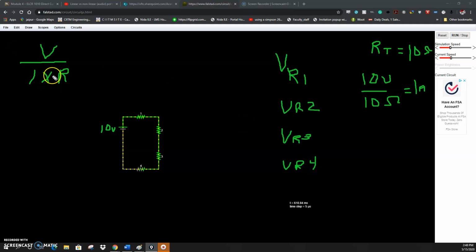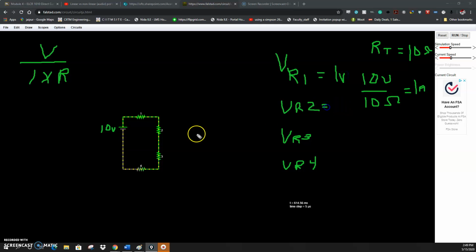Well, we are going to cover up the V because that's what we're looking for. We're going to say I times R. So we're going to say 1 amp times 1 ohm. This is a 1 ohm resistor. We have 1 amp of current flowing through it. So that's going to equal 1 volt.